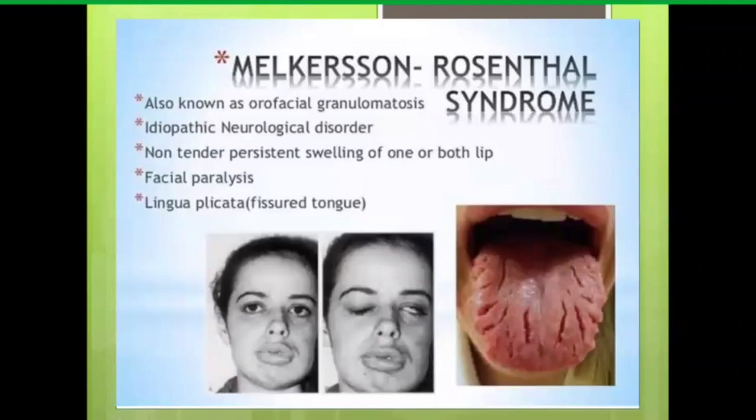One more interesting and very rare condition also needs to be ruled out. This is a syndromic presentation where two to three different kinds of symptoms are seen: Melkersson-Rosenthal syndrome. It is also known as orofacial granulomatosis, an idiopathic neurological disorder, where non-tender persistent swelling of one or both lips is seen, along with facial paralysis and lingua plicata, that is, a fissured tongue.